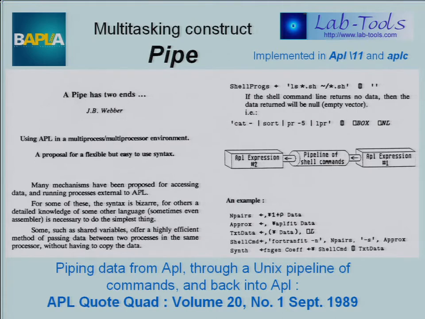And here's an example of data that's going out, but not coming back in, it's ending up on the printer. And here you've got data coming in, where you're listing the contents of a few directories, you might sort them in various ways, and bring them back into APL. There's a lot of facilities built into modern APLs to do those two examples, but for any arbitrary new operation you want to do, if you're in a Unix environment, it might be a very convenient way to do it.